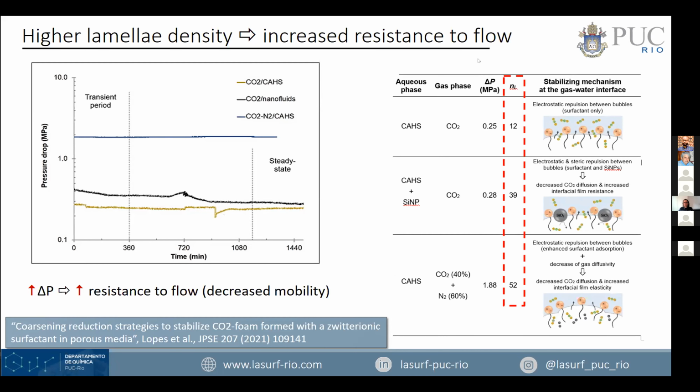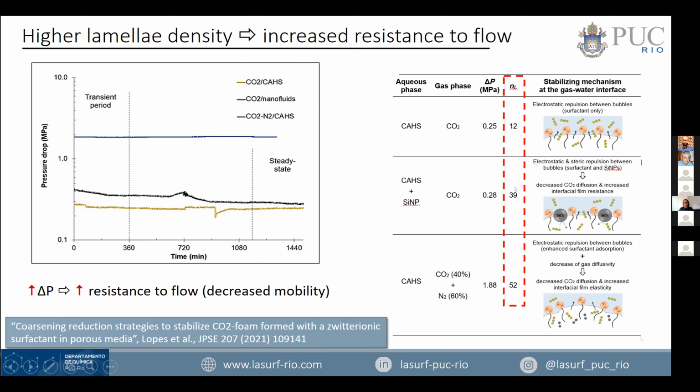And here was our interpretation of these factors. We have the three systems. You can see here now in numbers the great increase when you introduce nitrogen, but also a certain increase in pressure when we use nanoparticles. But what is more astounding is the increase in the number of lamella.